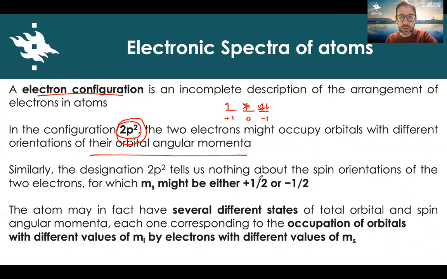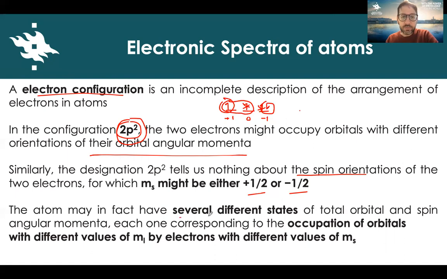And it also doesn't say anything about the spin orientations of the two electrons, which can be, for example, paired, if it was like this, or unpaired, if one electron is here and one electron is here. So the quantum number for spin can be plus 1/2 or minus 1/2 for each one of these electrons and the respective combinations.